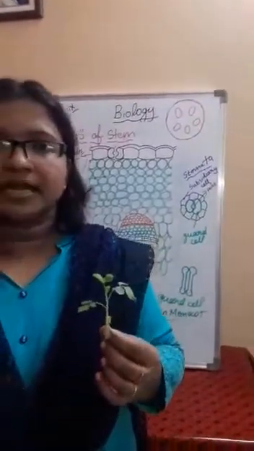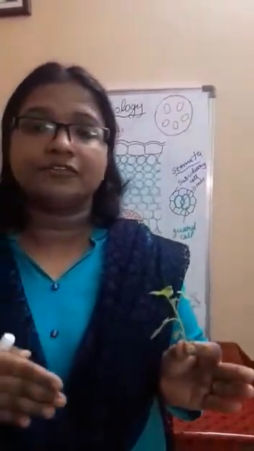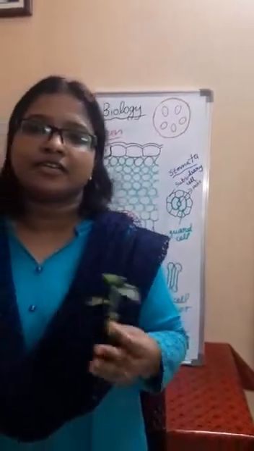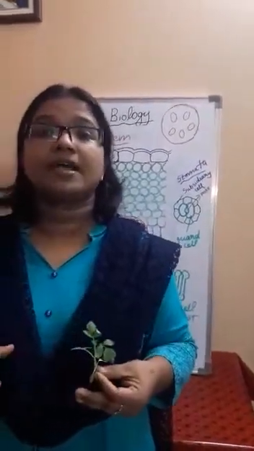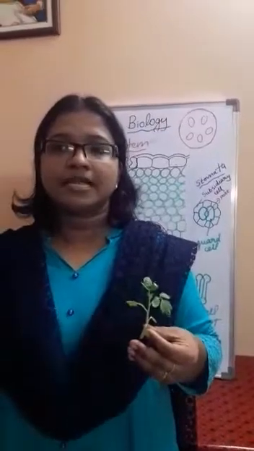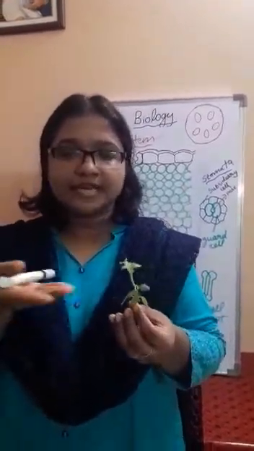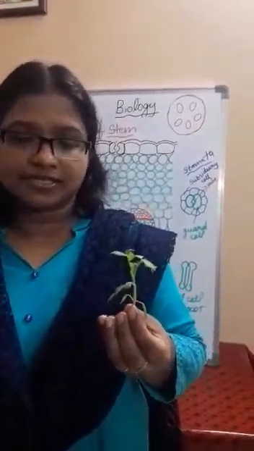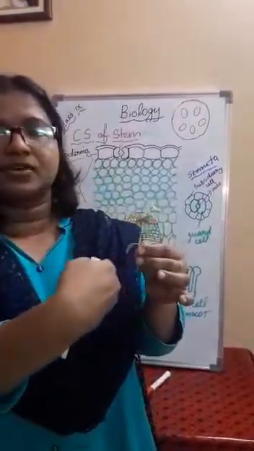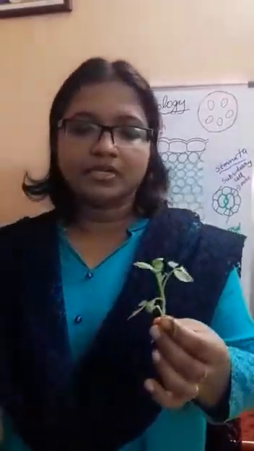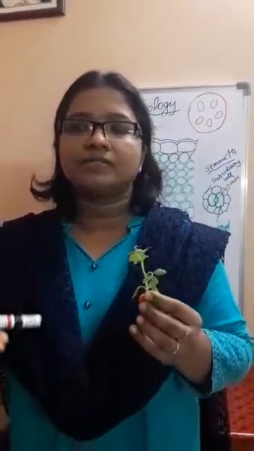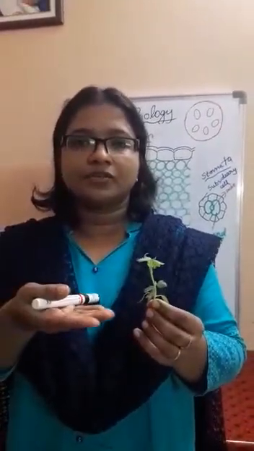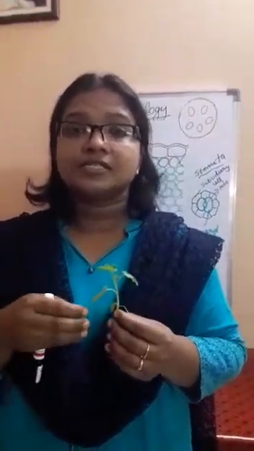The study of the inner details, whether of a plant or animal, is called anatomy. In plant anatomy, when we take sections like this, that is called CS, cross section, or transverse section. And if we take sections like this, it is called longitudinal section. Now we are going to see the details of the stem, how it looks when we take the CS of the plant.